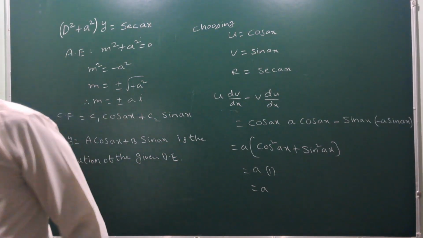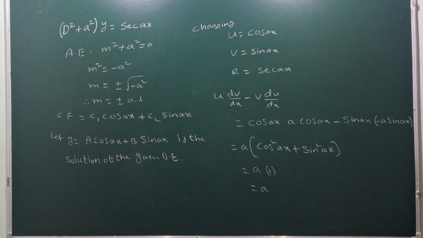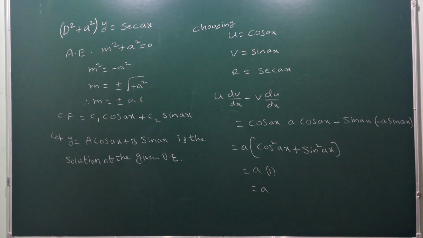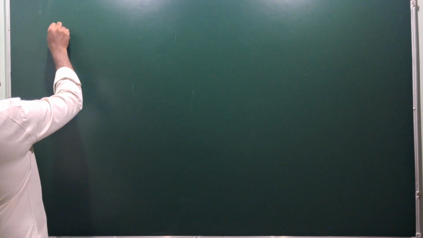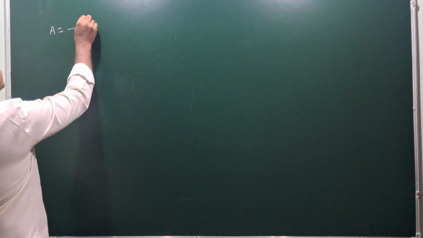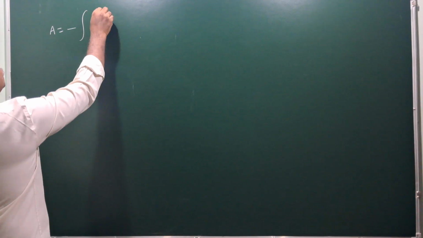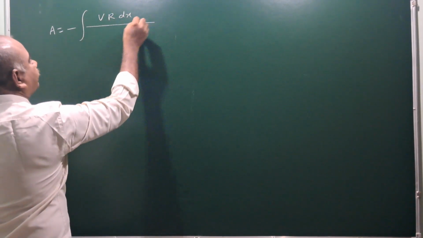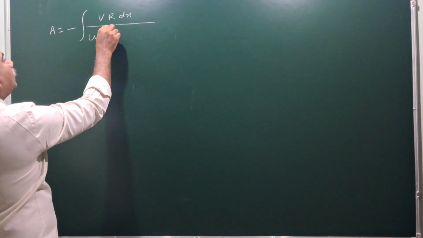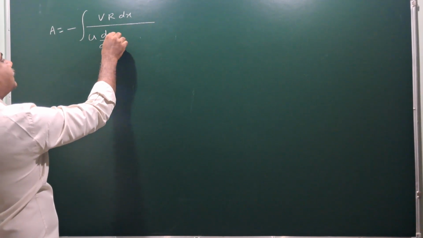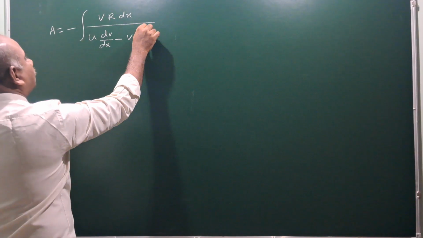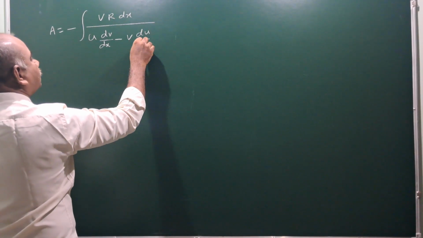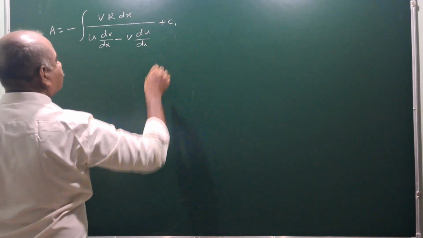Continuation. Next, A = −∫ v r dx / (u dv/dx − v du/dx) + integration constant c1.